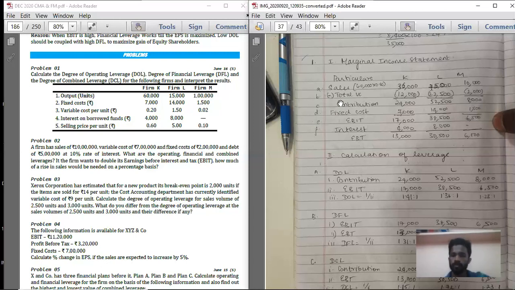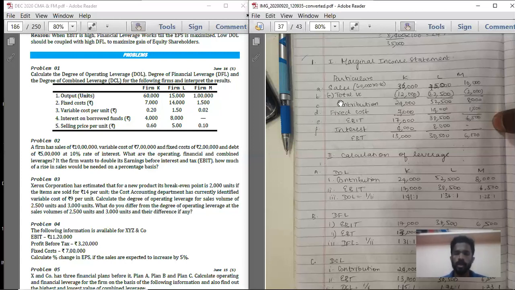And for L, 5 minus 1.5, contribution per unit is 3.5. And for M, 0.1 minus 0.02, contribution per unit is 0.08. So with this point number C, contribution per unit, we finish.